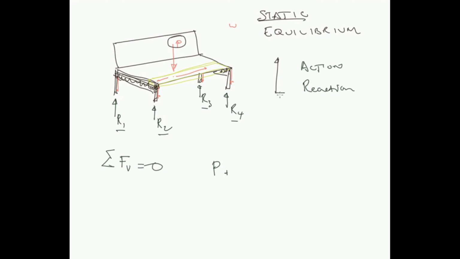So we could look at forces that act horizontally and act out of the page, as it were, if this is our system of coordinates. But we're just looking at the vertical direction for the moment. So P plus R1 plus R2 plus R3 plus R4. For this thing to be in static equilibrium, all those have got to add together to equal 0.